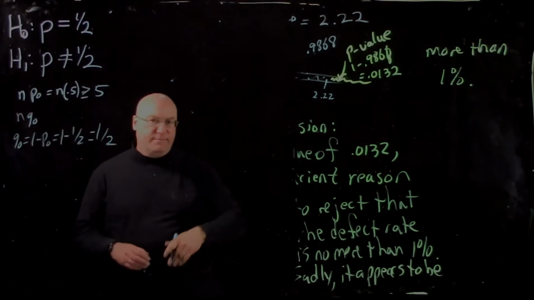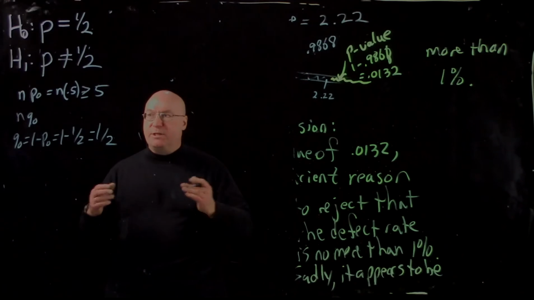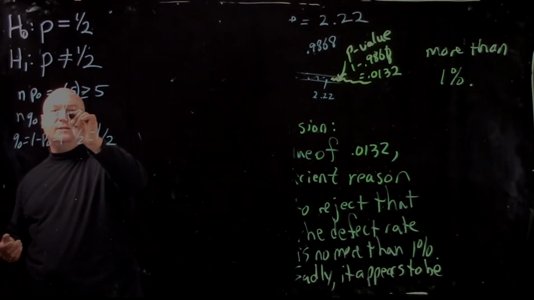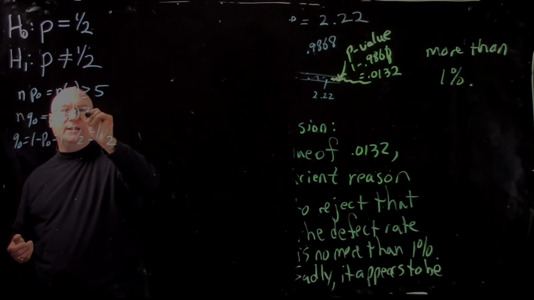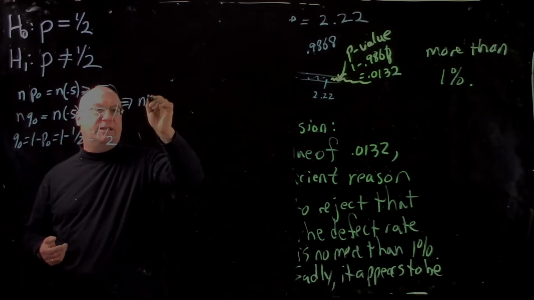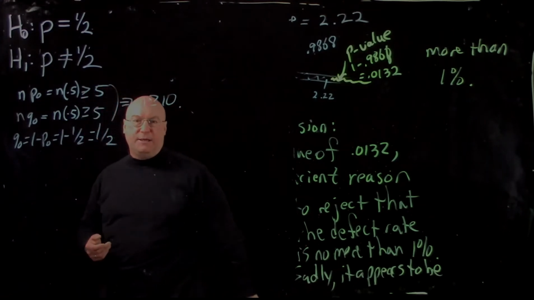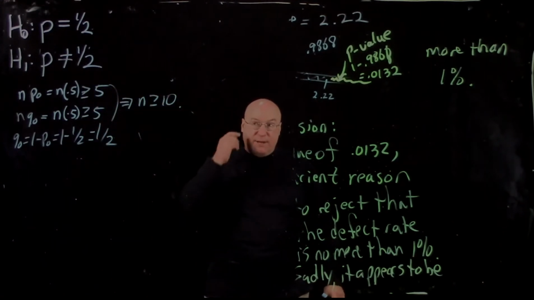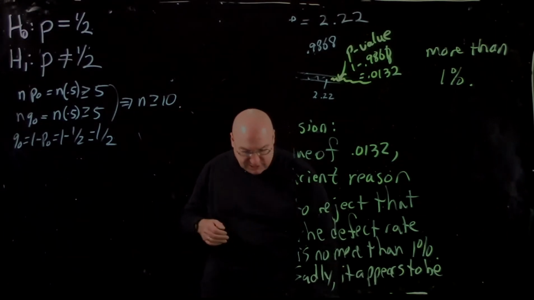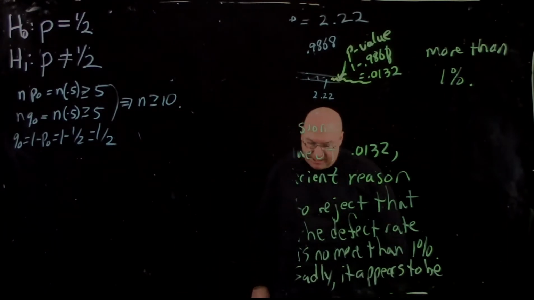Fair coin. Probability of heads is a half, probability of tails is a half as well. So n q naught is also n times 0.5, and that's got to be greater than or equal to 5. Clearly, if I divide through, these both say that n has to be bigger than or equal to 10. So actually pretty small this time. The sample size we need is pretty small, but I'll just say we're going to do 100 tosses. We'll let n be 100.